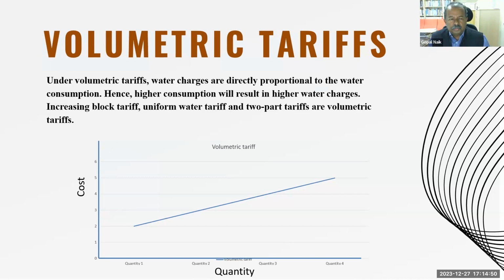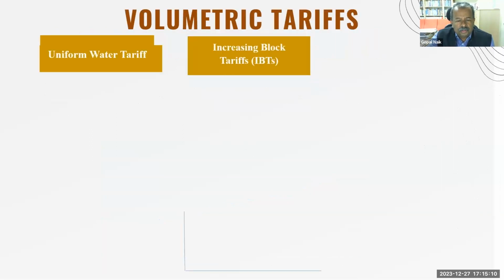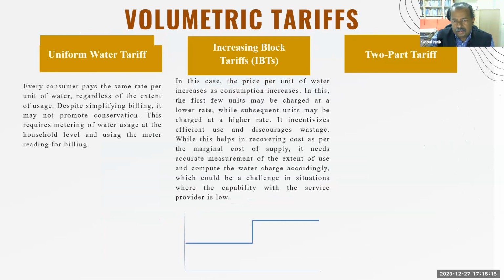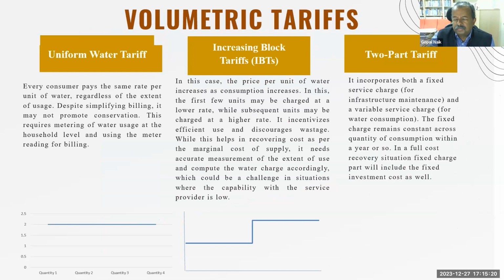So in volumetric pricing, there are again three different types of pricing that you can use. One is increasing block tariff, the other one is uniform water tariff, and the other one is two-part tariff system. We will just look at each one of them. In case of uniform water tariff, the rate remains the same.